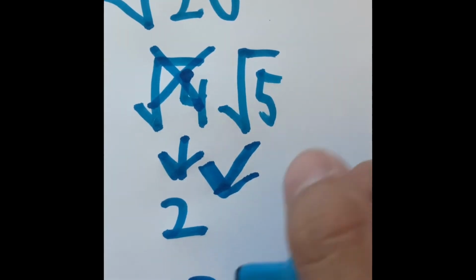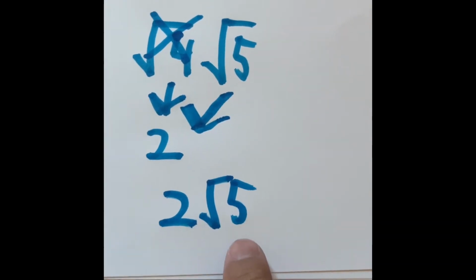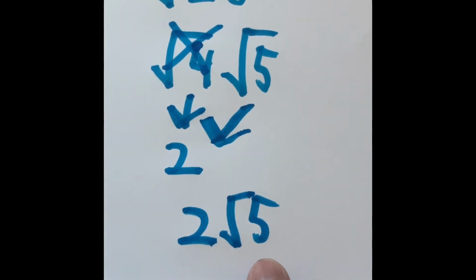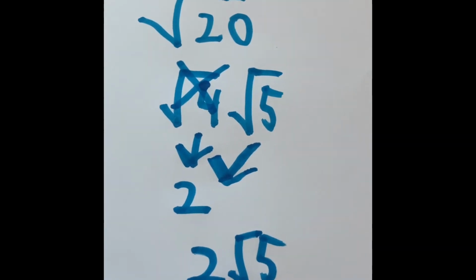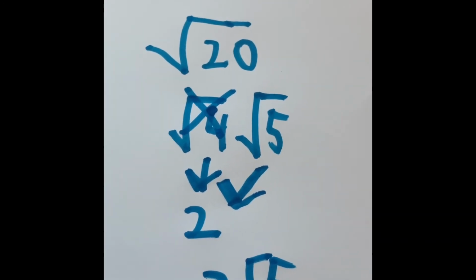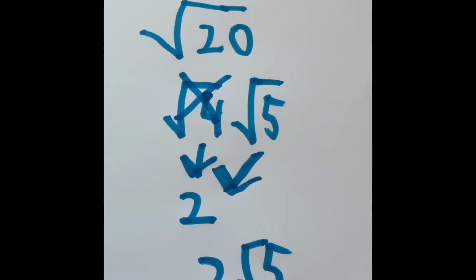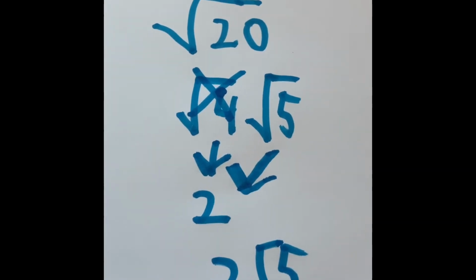So we have 2 times the square root of 5. We rationalized it, and we made it simpler. Now it's easier to calculate than a super long decimal like 4.47213595.